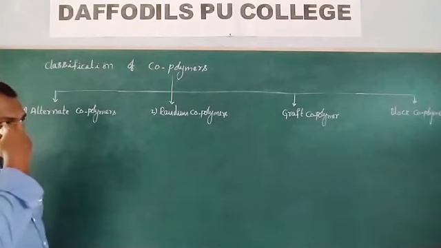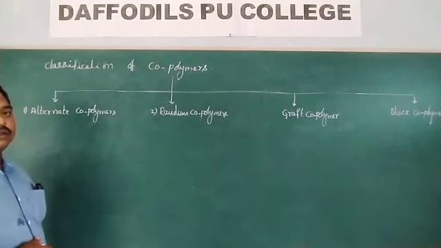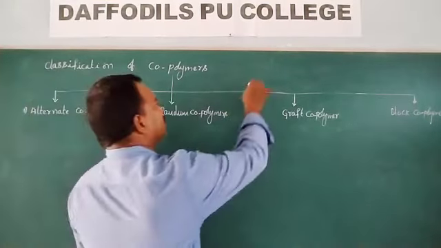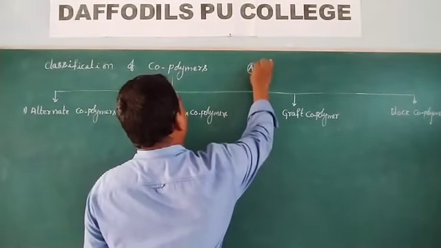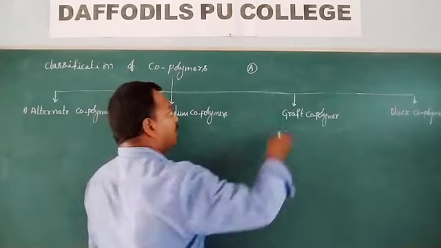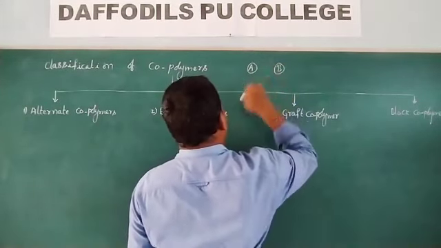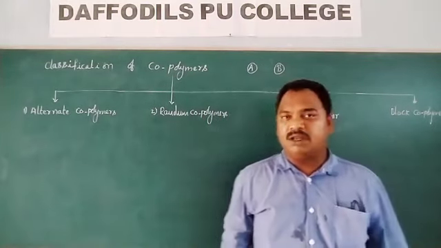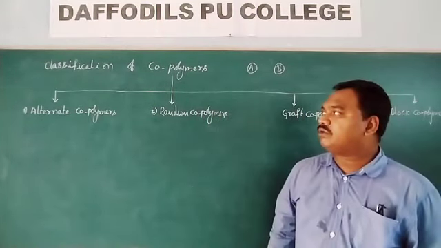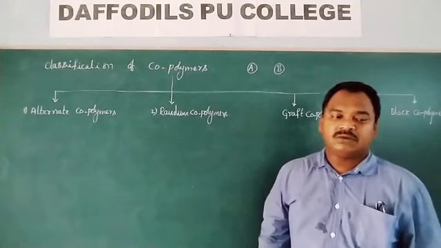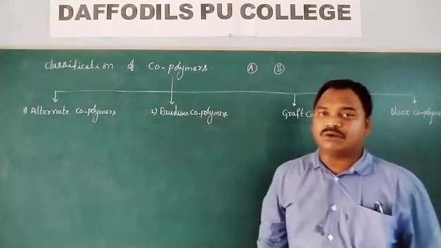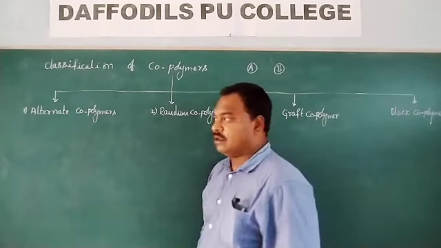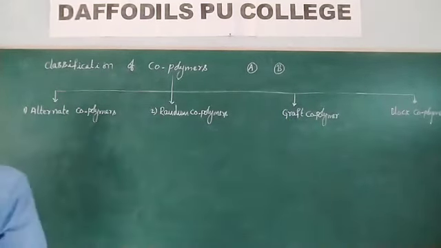Now I am imagining a polymer which is made of two monomeric units. One of the monomeric units is called A, and the other is called B. Look at this alternate copolymer.